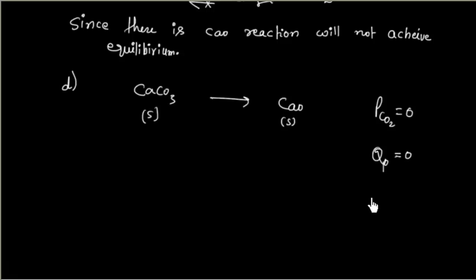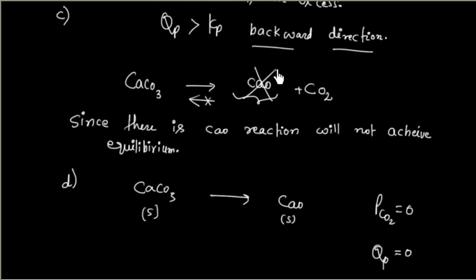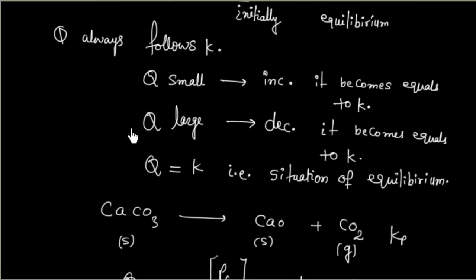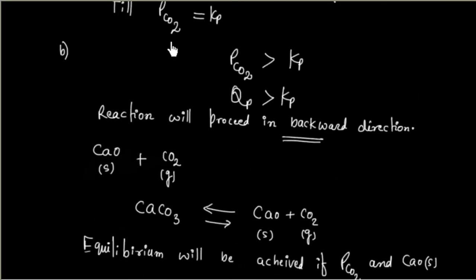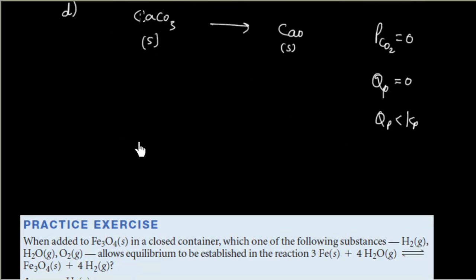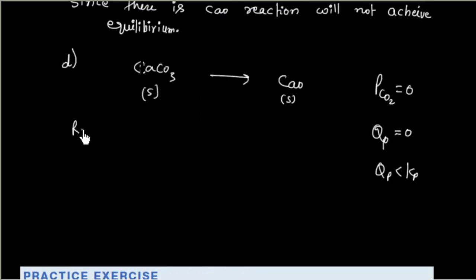So once again Qp is less than Kp. If Qp is less than Kp, the reaction will go in the forward direction. You can verify here. If Qp is less than Kp, the reaction will go in the forward direction.